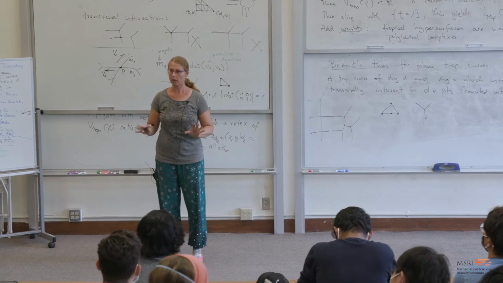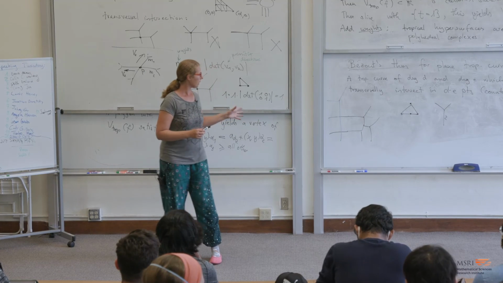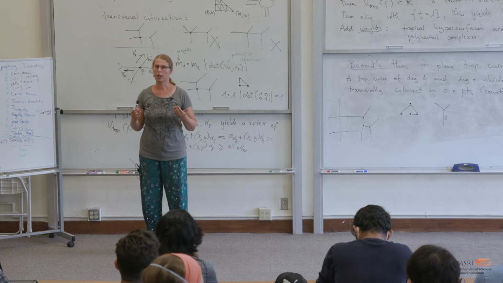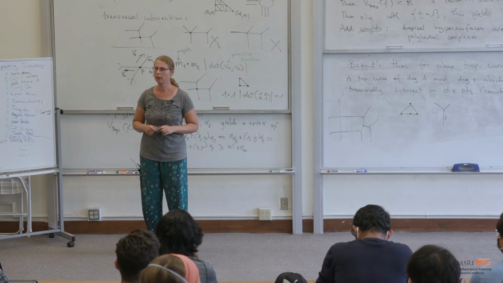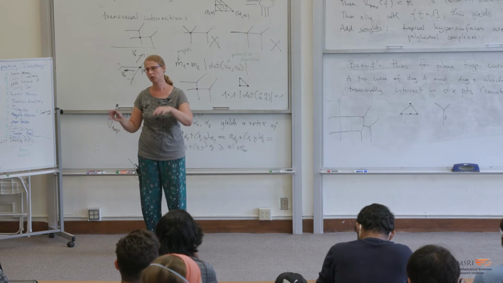So this has a lot to do with each other, and you can view tropicalizations, tropical curves, as degenerations of subvarieties of tori that know something about nice toric compactifications of your torus.